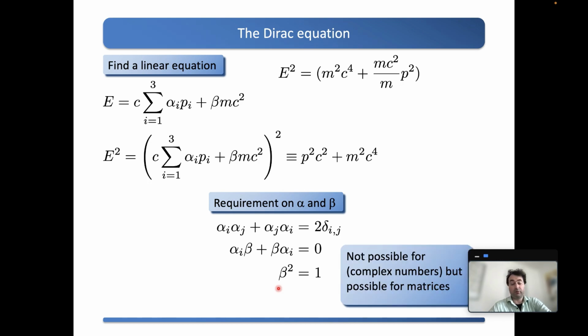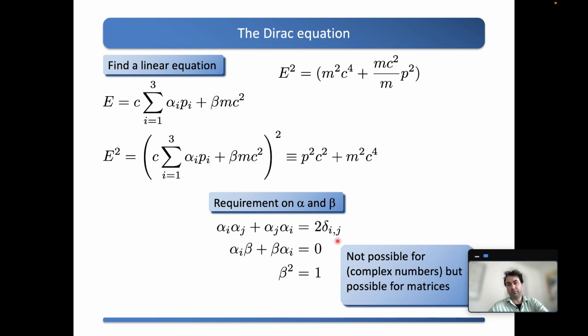This is obviously not possible for complex numbers, because there's only one complex number set that squared is 1, that is e to the i theta, and that multiplied by another e to the i theta is never going to give you the delta function. So for complex numbers this is not possible.